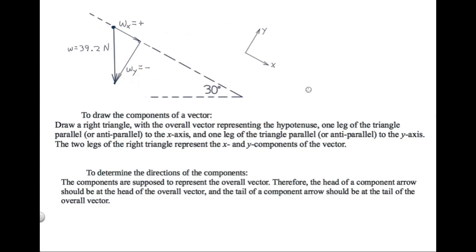Now, we would like to start figuring out the magnitudes of these components. In order to do that, we need to apply the SOHCAHTOA equations, but we're not ready yet to apply the SOHCAHTOA equations to this right triangle. We cannot apply them until we have determined an angle inside the right triangle. Of course, we know that this angle is 90, but we have to determine at least one of these other angles before we can apply the SOHCAHTOA equations.